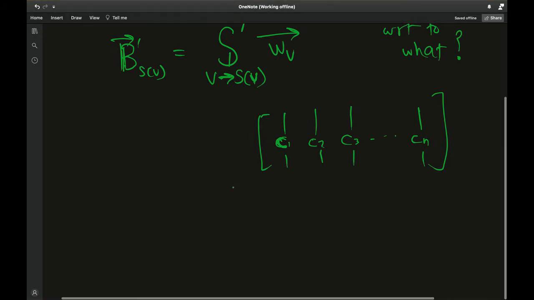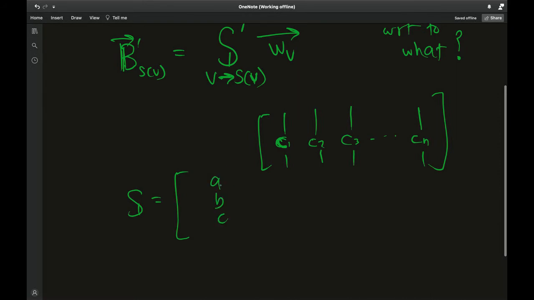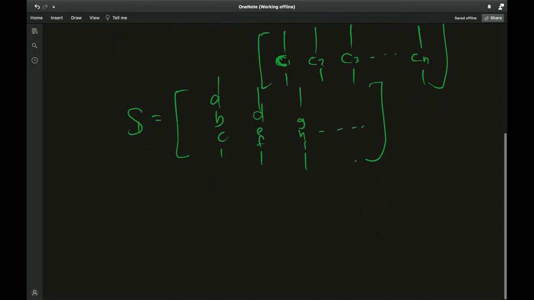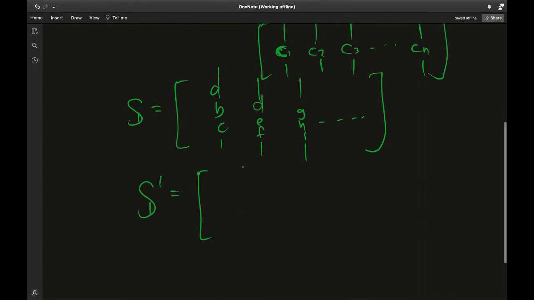So in this case, assuming S can be expressed as a bunch of vectors, say A, B, C, D, E, F, G, H, I, and so on, then this S dash is actually some other numbers in the columns.